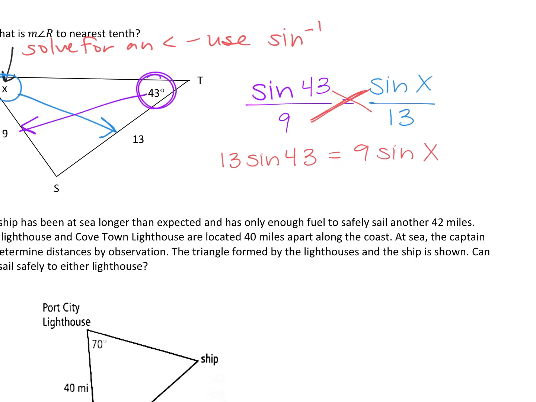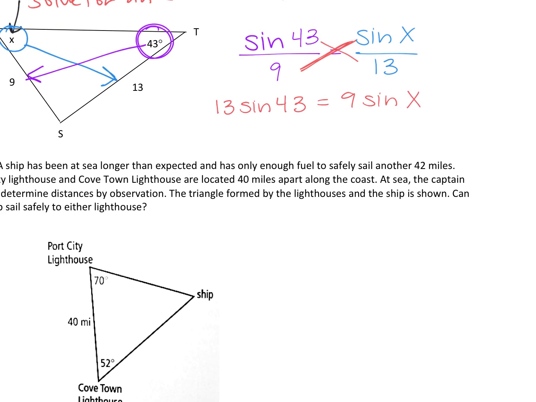What would you do next? Divide by 9, right? We can't divide by 9 sine because this is a number. The sine of x is a number, okay? But we can divide by 9 and divide by 9.